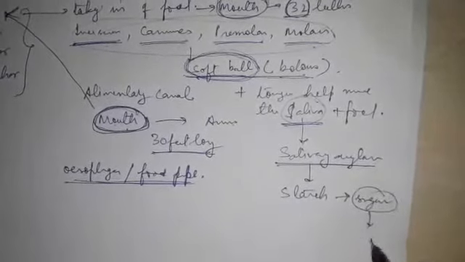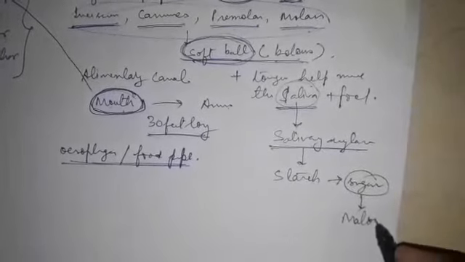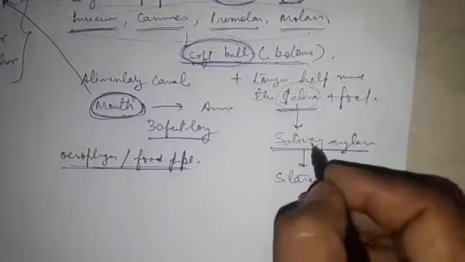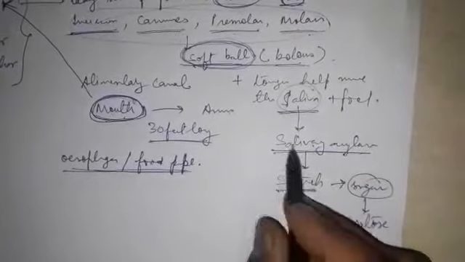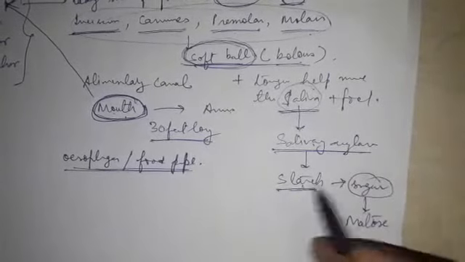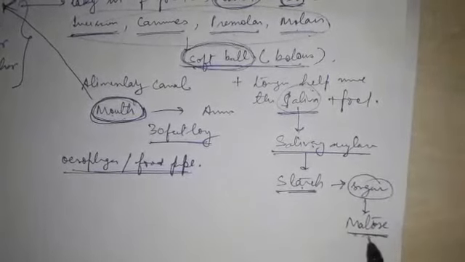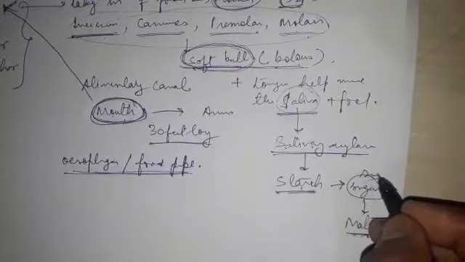The form of the sugar is maltose. So the salivary amylase acts on the starch present in our food and converts it into maltose, that is a simple sugar.